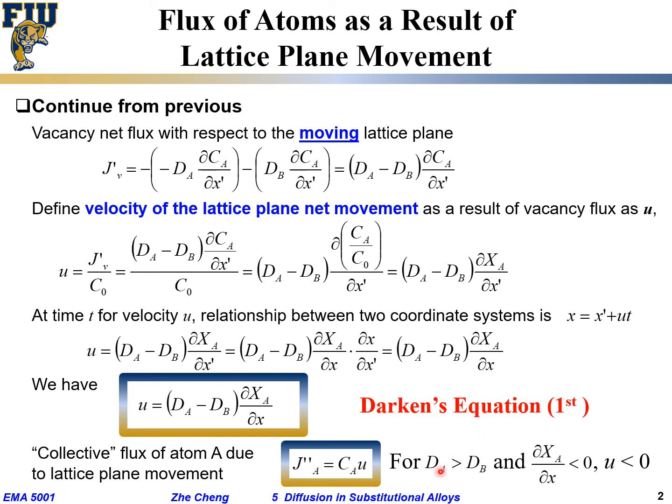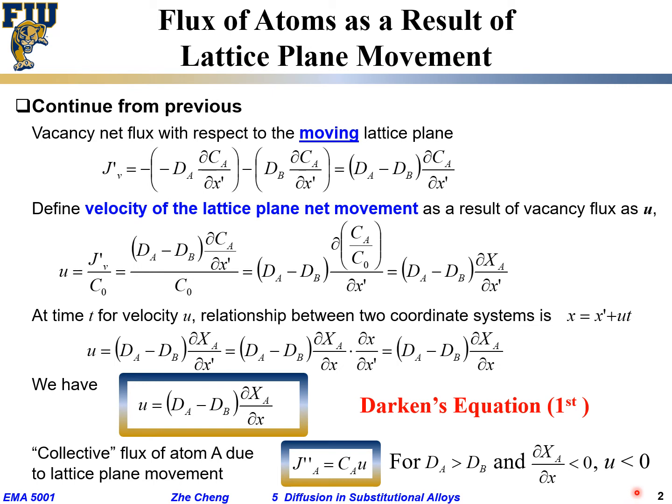And then if dA is greater than dB, and the partial differential of concentration with respect to x is smaller than 0, the velocity is actually negative.